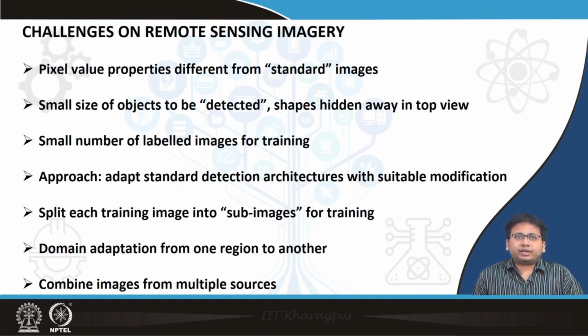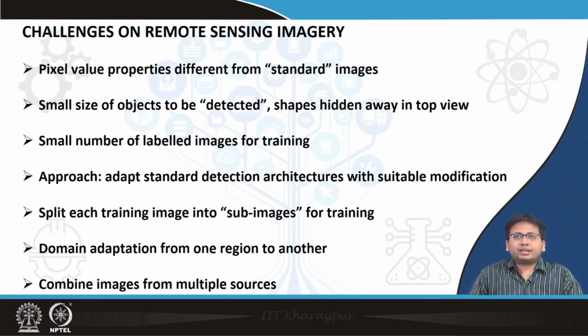Another thing that is often done regarding the problem of a small number of labeled images is this: normal neural networks used for computer vision are usually trained on millions of images, but in this case it is very difficult or impossible to collect millions of images and annotate them.